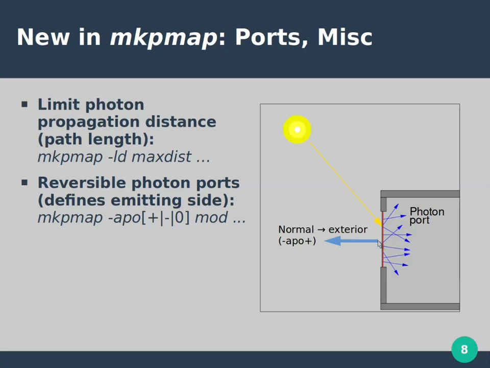However, there are situations when the normal points in for whatever reason, and so you don't have to modify the geometry for that. You can just add a minus suffix to the APO option, which enables the ports. This just reverses the direction of emission. You can even use a zero suffix if you don't know which way the normal points, in which case it will try to emit from both sides.